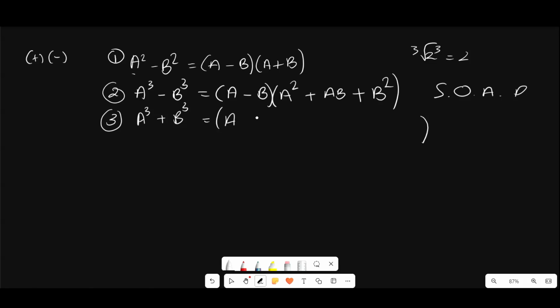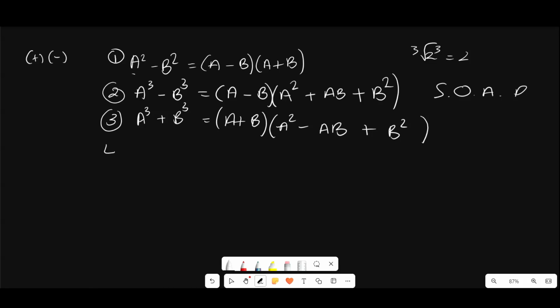So this one, remember, the sign is always the same, so positive b, and then you square a, opposite, that's negative, then a times b, that's ab, and then always positive b squared. Okay, so that's another one that one should note.